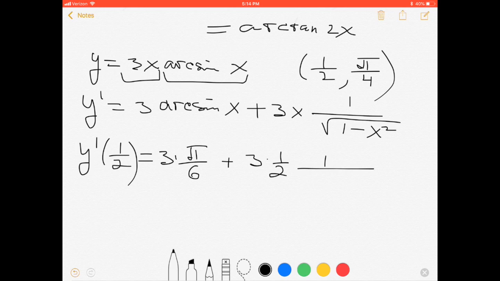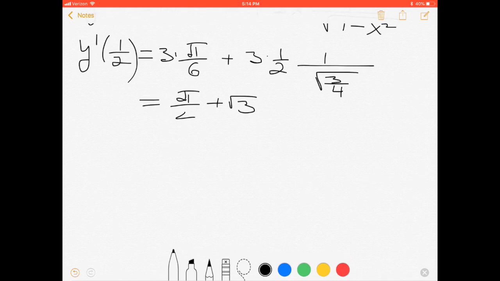This means 1/4, so here is 3/4 under the square root. If we simplify, we have pi over 2, and I think we have plus square root of 3.